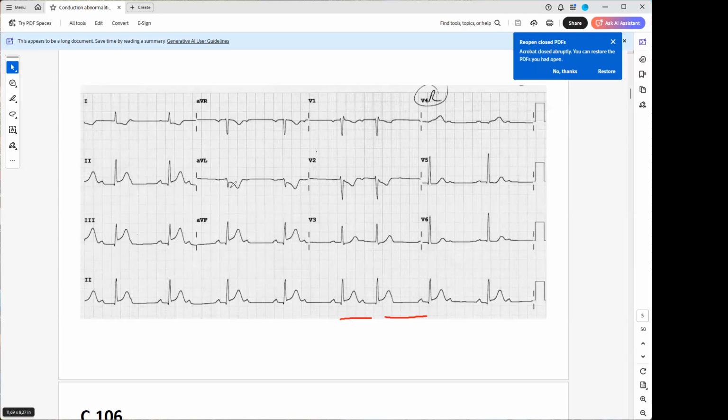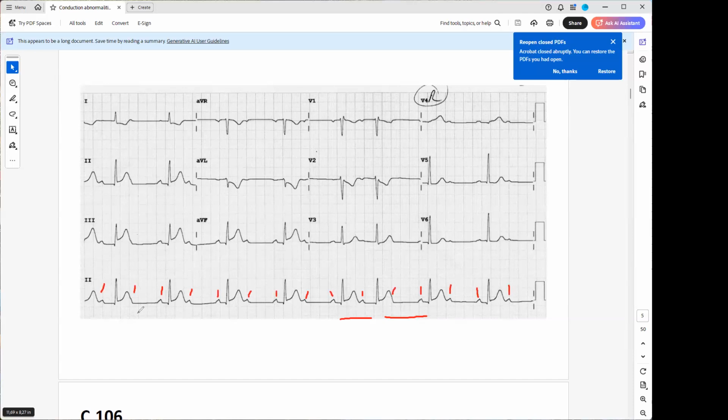Two more things that we can see here that I wasn't exactly sure about. We can see the P wave is quite constant except for the fourth QRS complex that is added.